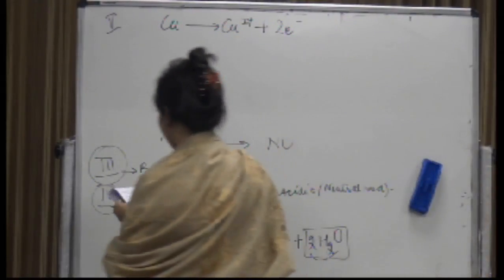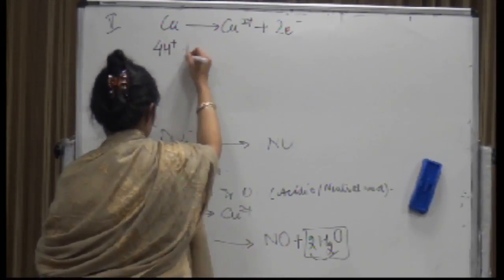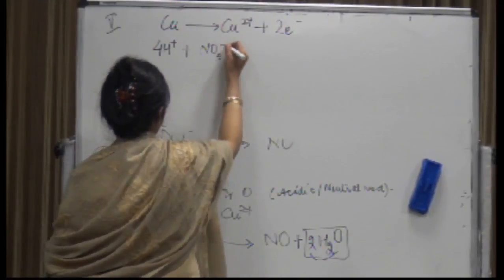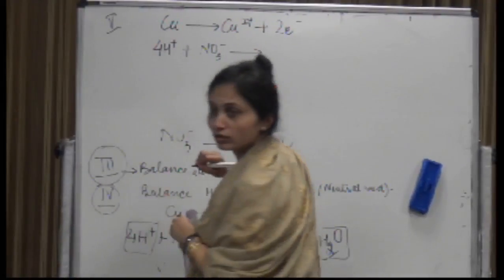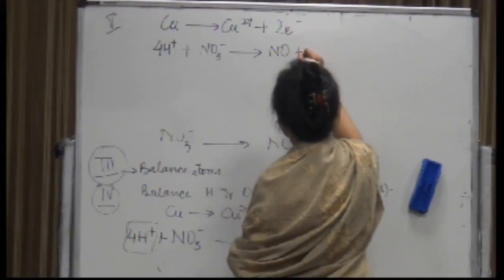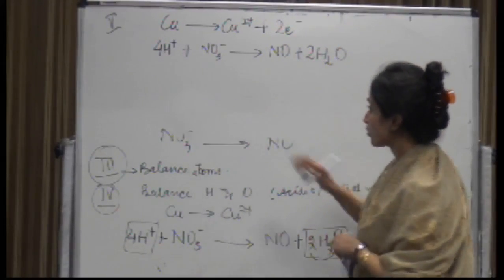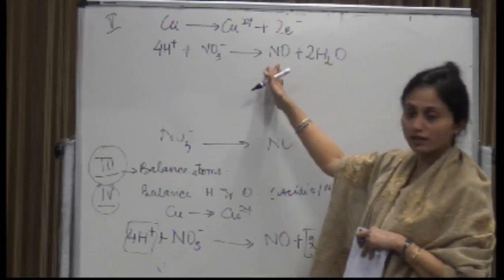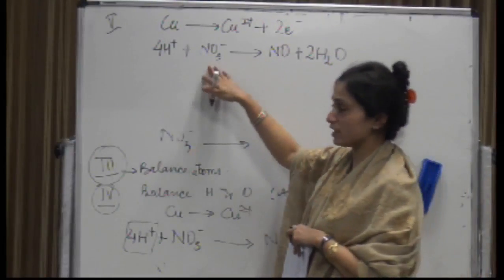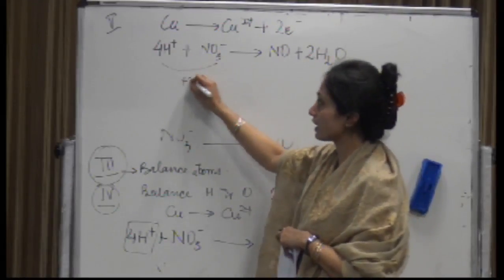Now for the next case, let's copy 4H plus NO3 minus, क्योंकि now we are balancing out our charge. ठीक है? NO3 minus is giving NO plus 2H2O. अब यहाँ पे तो 0 0 charge है, यहाँ पे plus 4 minus 1, means इधर charge है अभी तक plus 3.